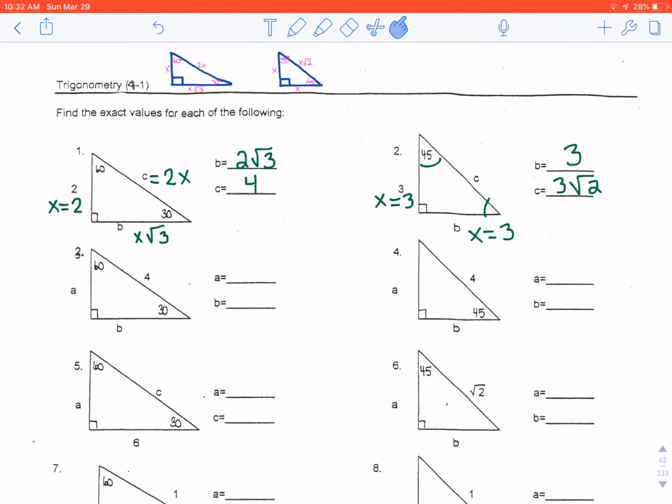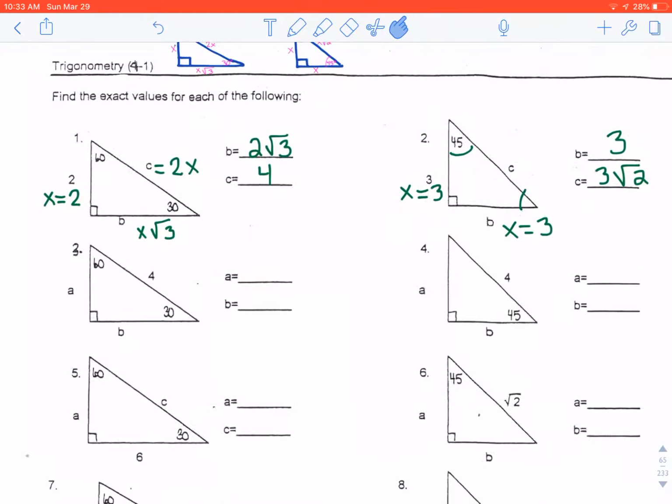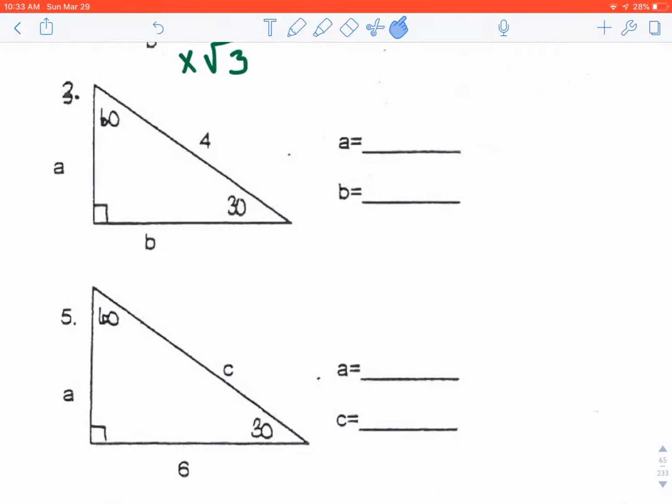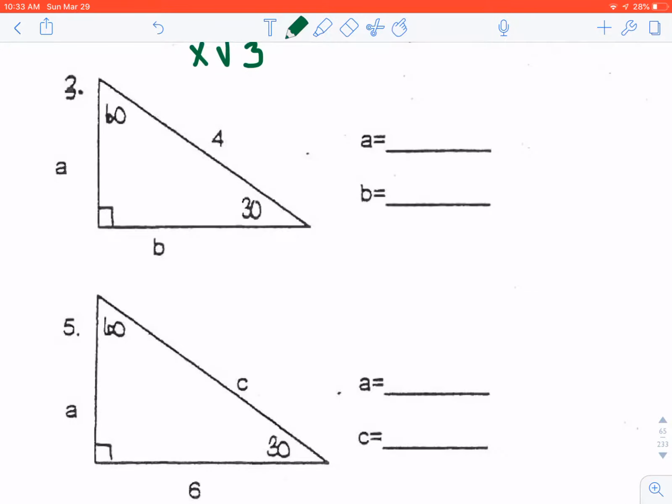Number 3 was 30, 60, 90. We are given the hypotenuse on this one. So when you're given the hypotenuse, okay, you want to start with that. Okay, our hypotenuse for the 30, 60, 90 is 2x. So you want to solve for x here. Okay, once you set it equal to it, that's going to tell us that x equals 2, which remember, that's our shorter side.